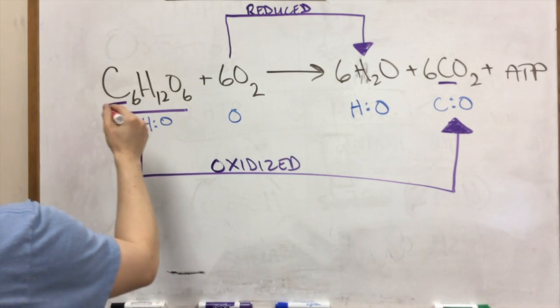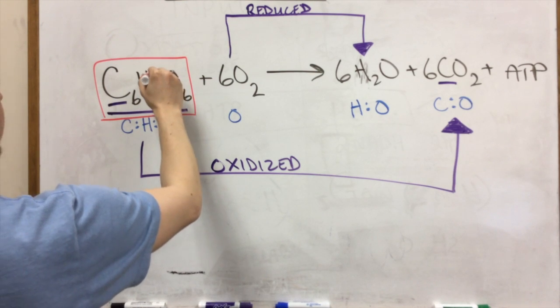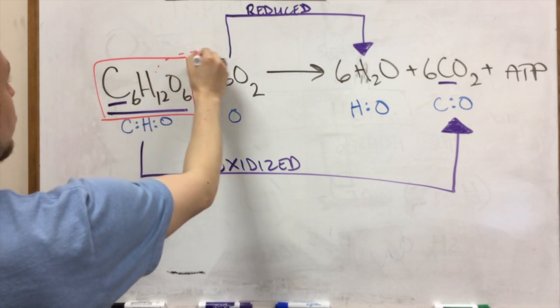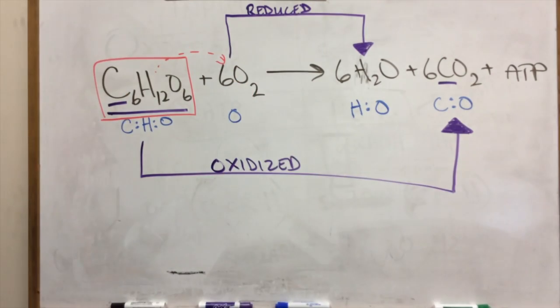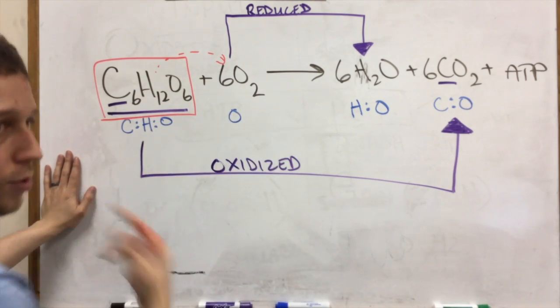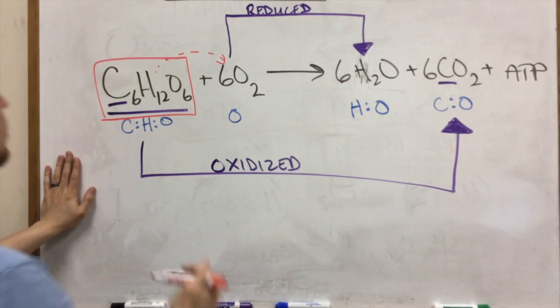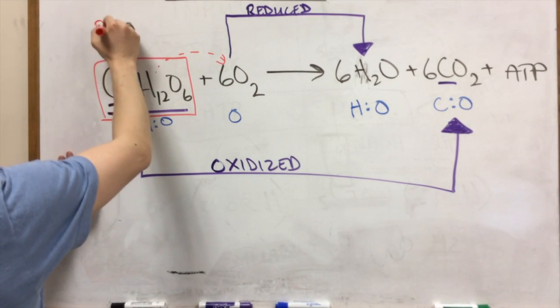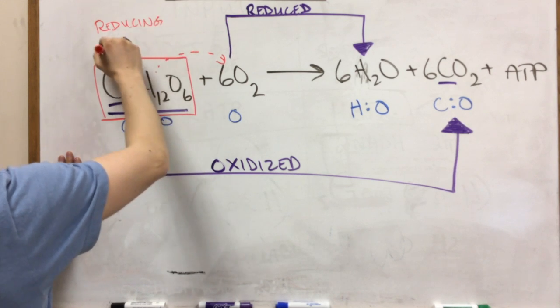So let's look at glucose. Glucose adds hydrogens to oxygen to convert oxygen to water. And what that means is by adding those hydrogens to that oxygen, glucose is reducing that oxygen. So glucose is called the reducing agent.